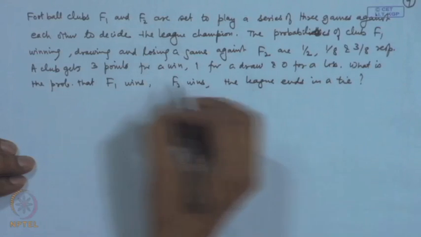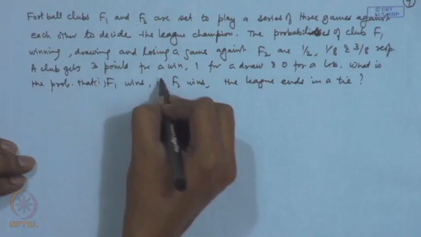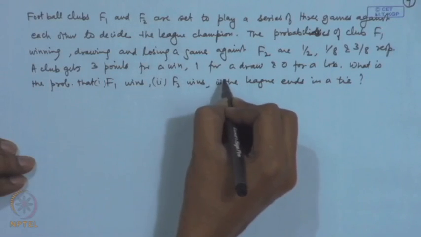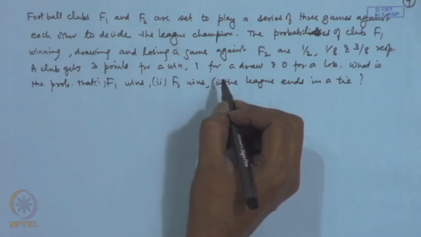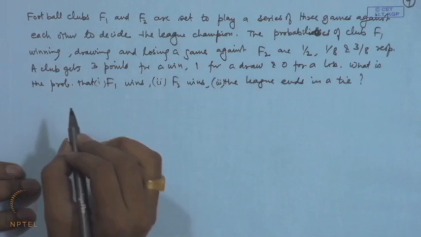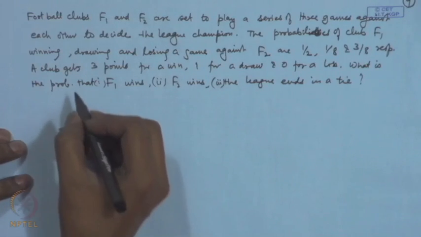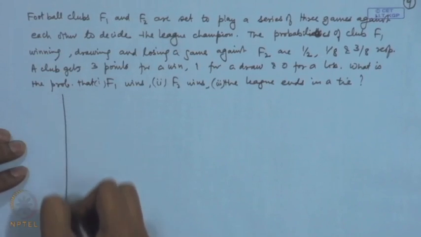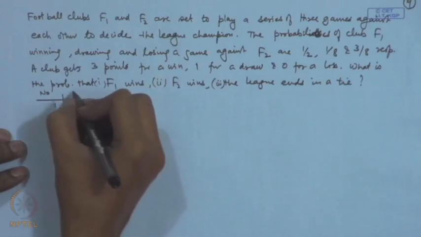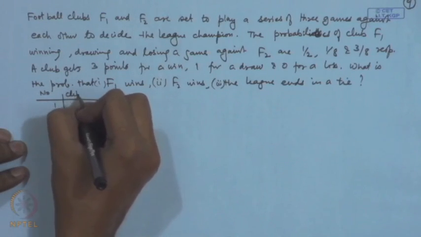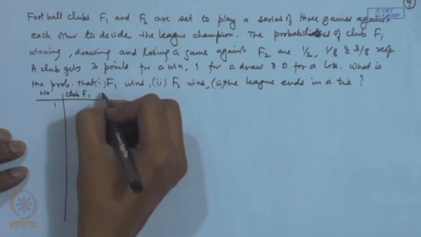So, we have to calculate the probabilities of these events. Here we need to count all the cases. For example, let me make a tabular representation here, that will be easy to understand. What are the possibilities? Let us count from the side of F1, say.